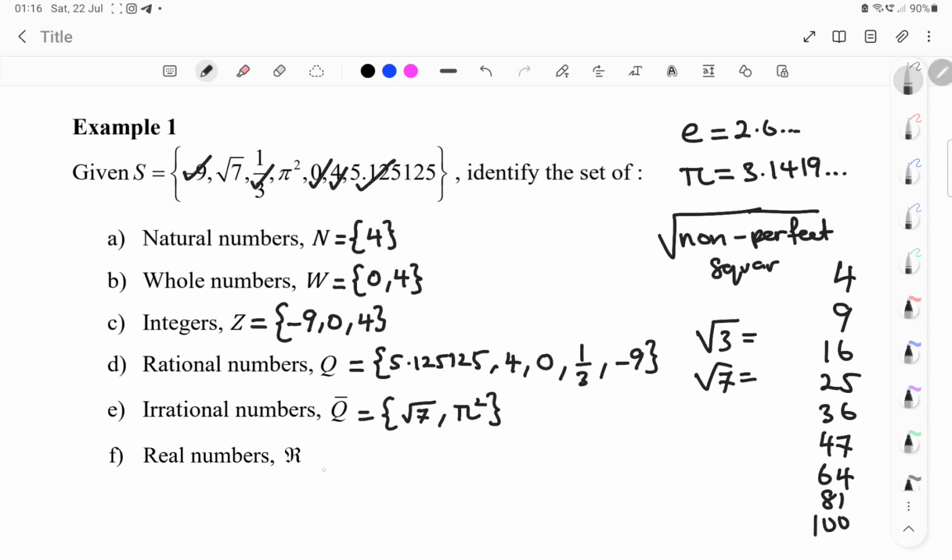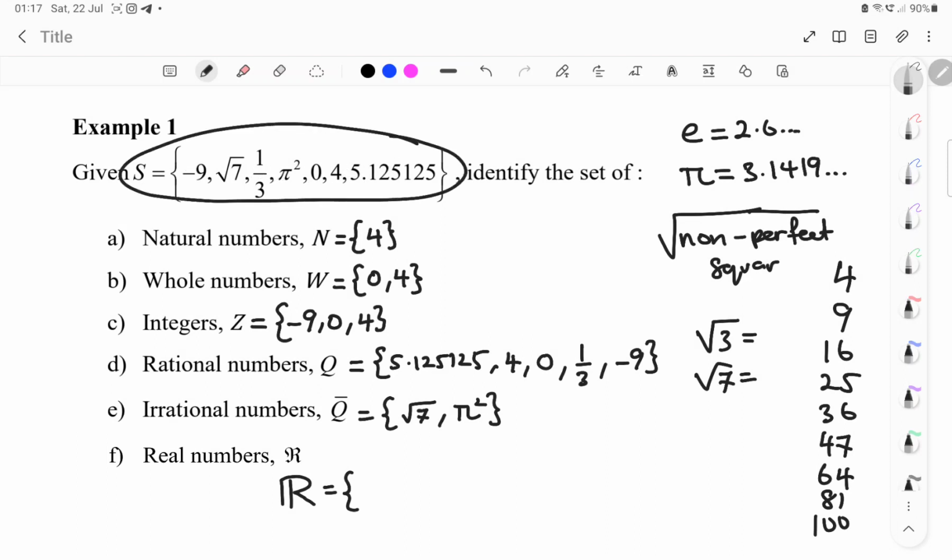Next, last but not least, real number. If it is difficult to write this symbol, you can write it like this: have 2 straight lines and then do it like this. Better. Now, what are real numbers? Real numbers are all the numbers inside set S over here, so just copy everything.